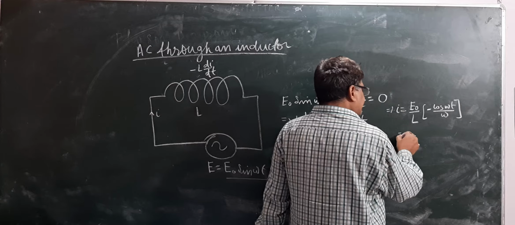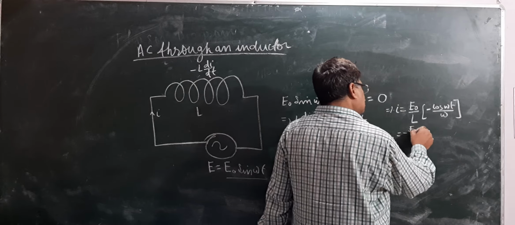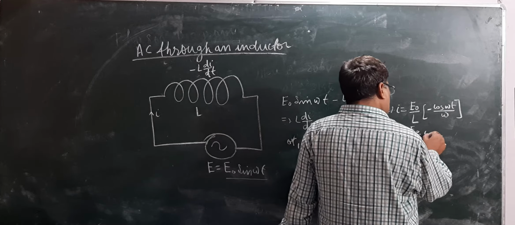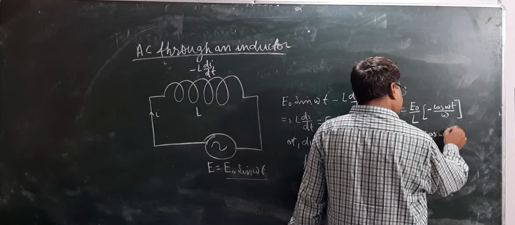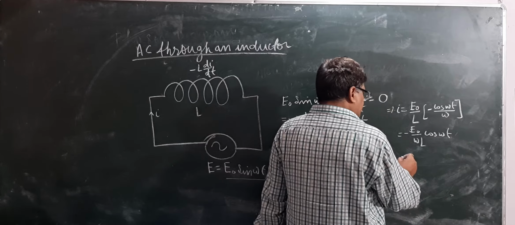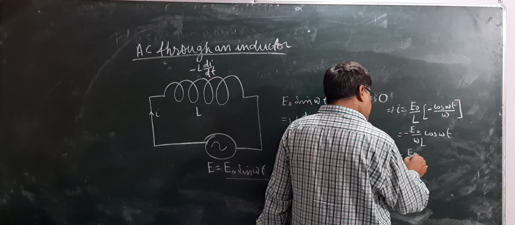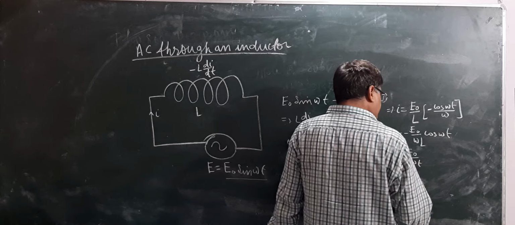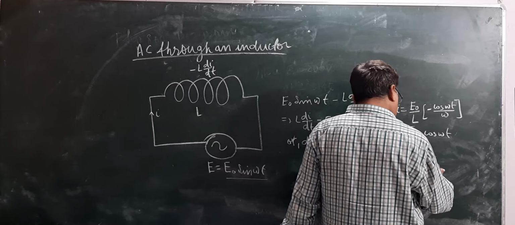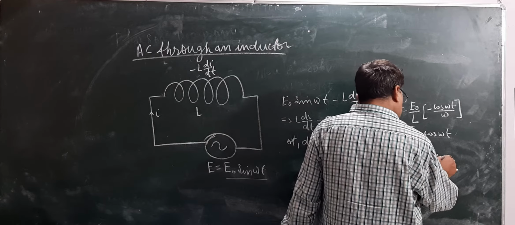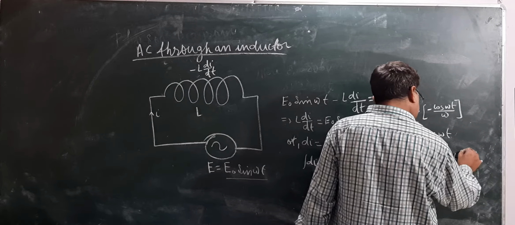So this can be written as minus E0 divided by omega L cos omega t. So this can be rewritten as E naught by omega L multiplied by minus cos omega t.